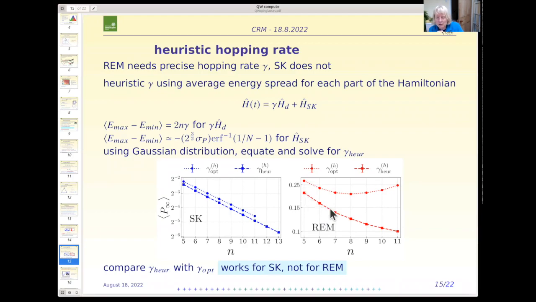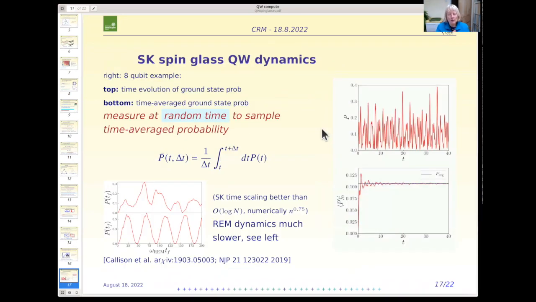And what I told you but didn't show in graph form yesterday is that if you don't have the exact hopping rate, your probability just falls off as the size increases. We've got a heuristic hopping rate that is going to work well for spin glasses. This doesn't work for the random energy model, so we'll keep using the optimal hopping rate so that we can make some comparisons later.